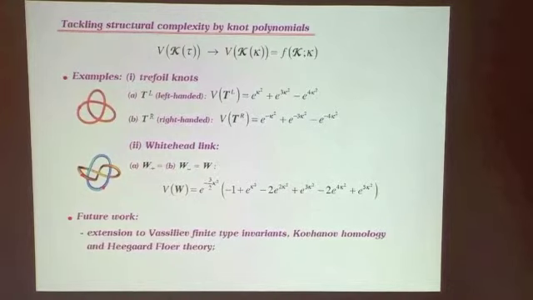So the future work for Xin Liu and myself would be to extend this approach to Vassiliev finite type invariants. We care about reconnection, so we wonder if there is any chance to have skein relations that incorporate reconnections, to have a kind of dynamical view of change of topology. We heard from Radmila the importance of Khovanov homology, so I want to learn something from her on that.